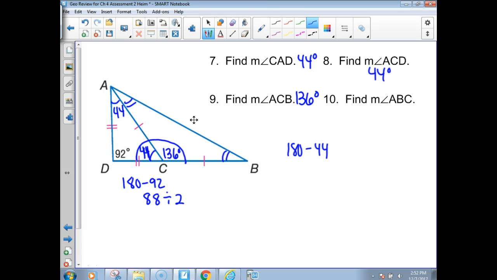And I would do 180 minus 136, which of course is 44. And then you divide that by 2 to share amongst those two angles, so they'd be 22 apiece. So angle ABC is 22.